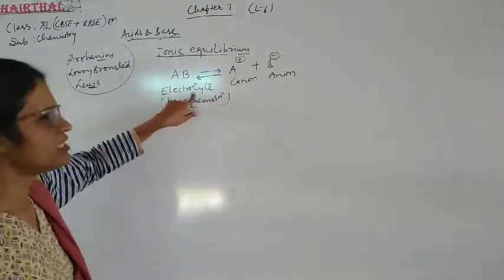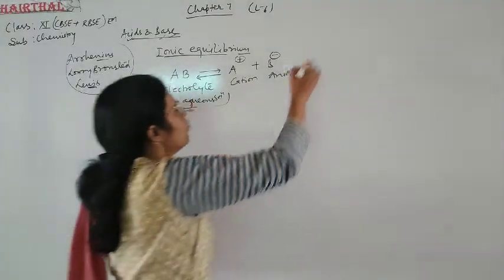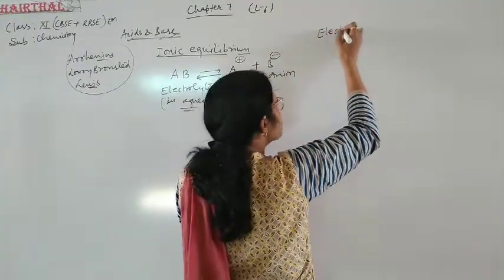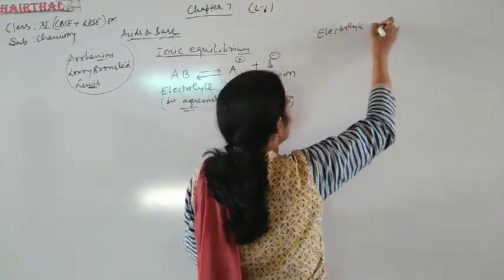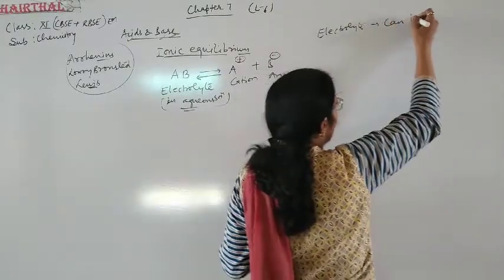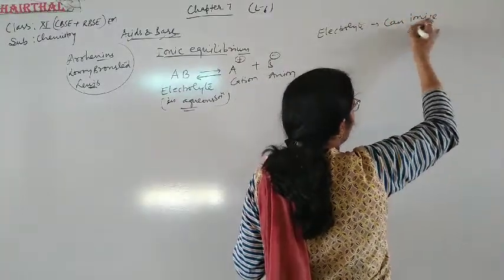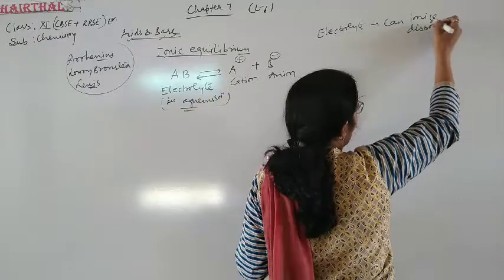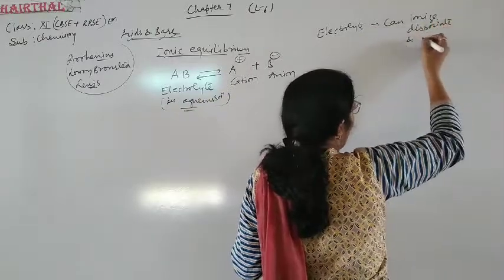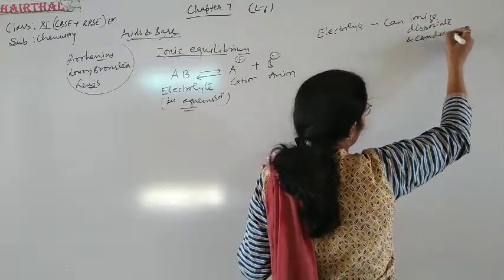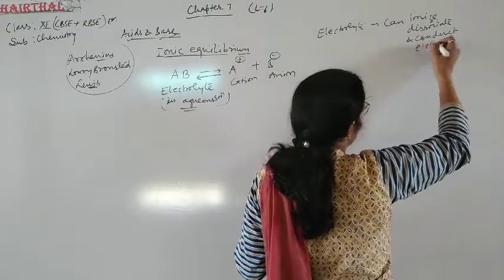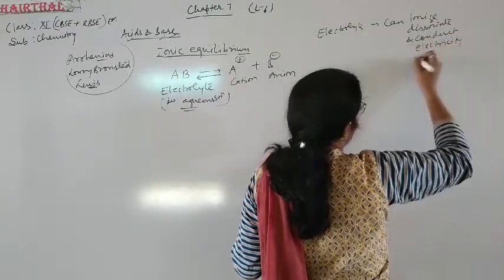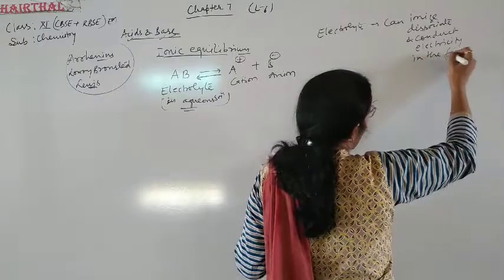So what is an electrolyte? Electrolyte is a substance which can ionize, dissociate and conduct electricity in the form of ions.